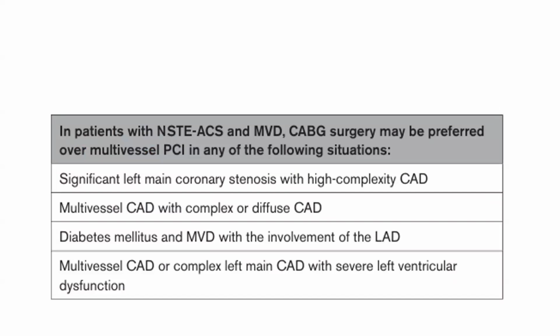Like if there is significant left main coronary artery stenosis, if there is multivessel coronary artery disease with complex and diffuse disease, if the patient is diabetic with multivessel disease with involvement of the left anterior descending artery, and if there is multivessel CAD with severe left ventricular dysfunction. So these are the four indications where we should always go for CABG.